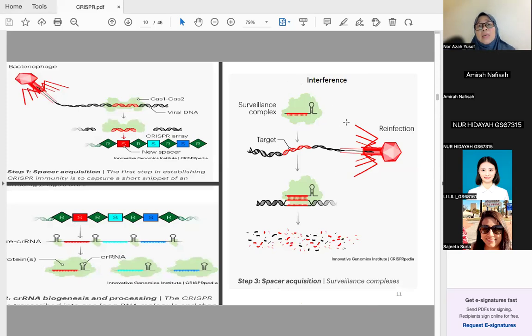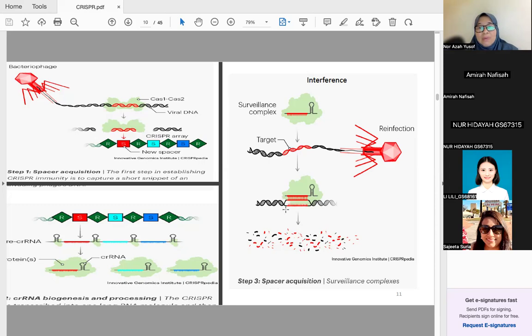So this is what happens. This is the Cas complex. Cas means the enzyme that cleaves, together with the tracer and CRISPR RNA. So it goes scouting inside the bacteria, and if it sees the target, which is the same virus, it cleaves, it cuts.